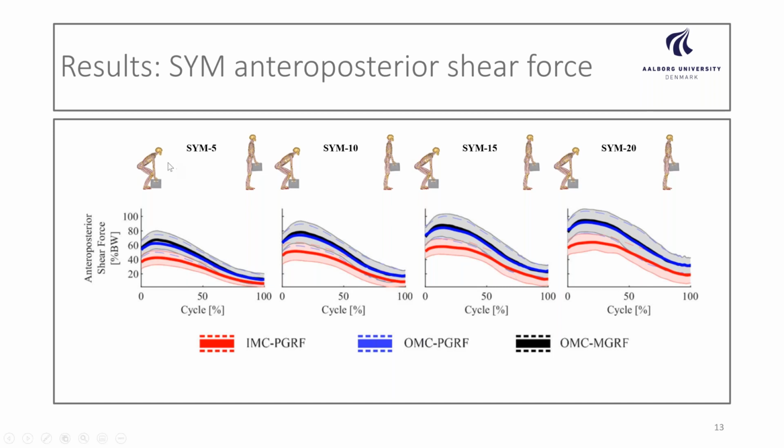So if we look at symmetrical lifting with 5 kilograms here, the difference or the error compared to the optical motion capture model with measured ground reaction forces is slightly lower, both if we use the root mean square error, but also if we use the normalized relative root mean square error. So basically we see a small tendency to bigger errors in the anterior-posterior direction for the shear forces when we increase the weight.